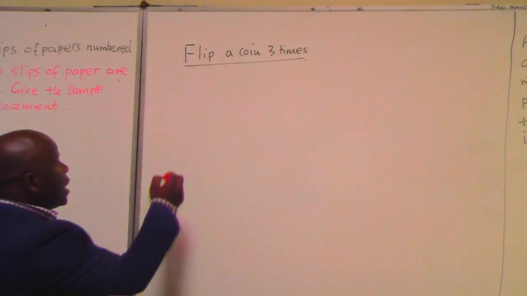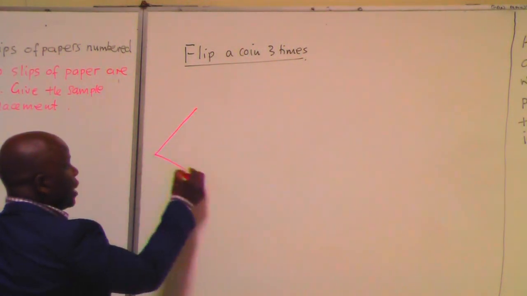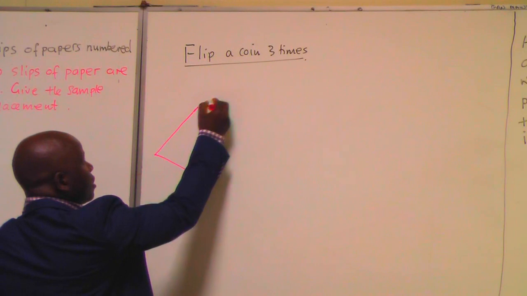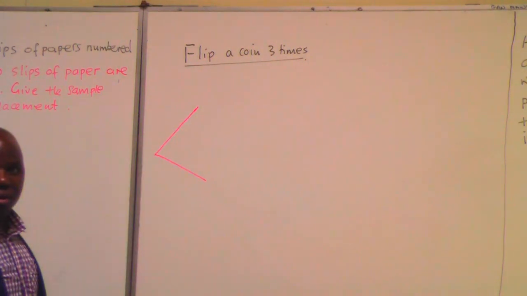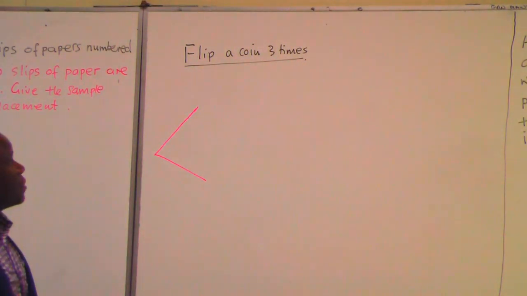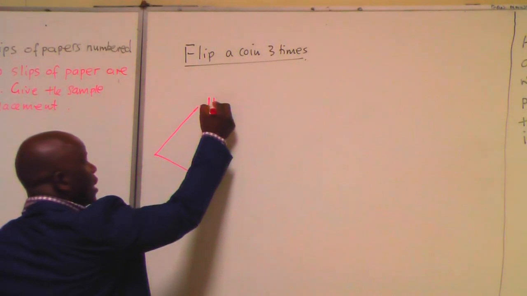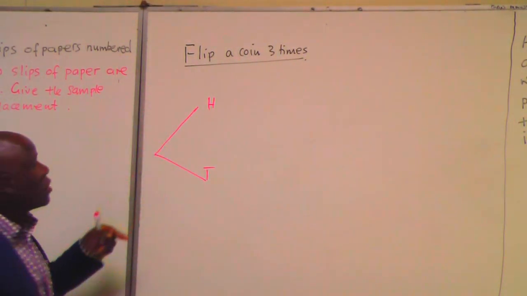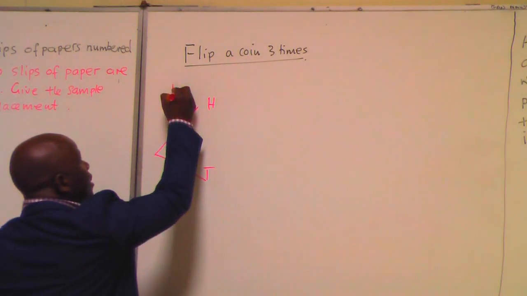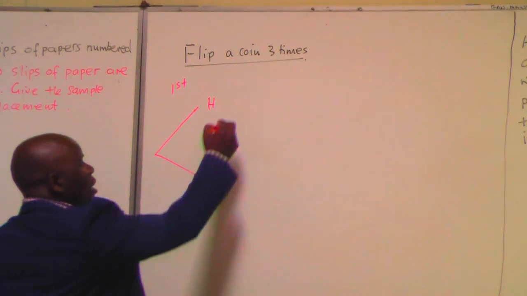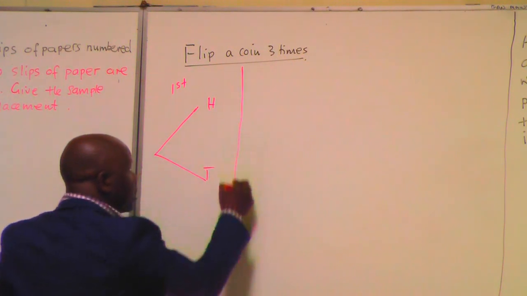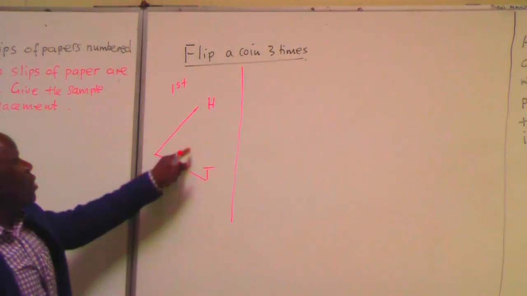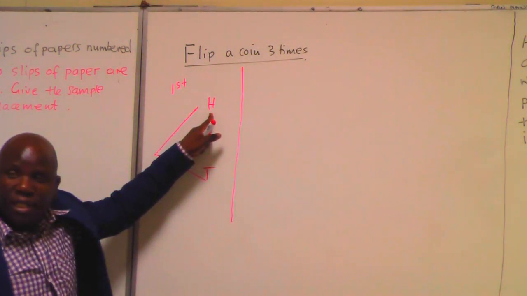So what happens is that in the first instance, when we flip a coin once, we can get a head or a tail. That is in the first instance. So let me indicate that this is the first trial. Now, in the second, we are looking at what we obtained in the first.